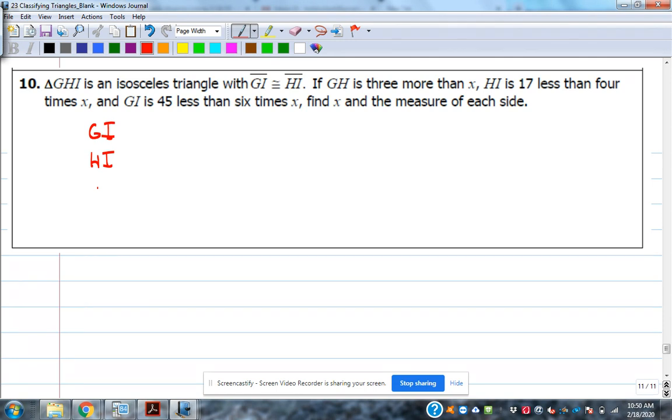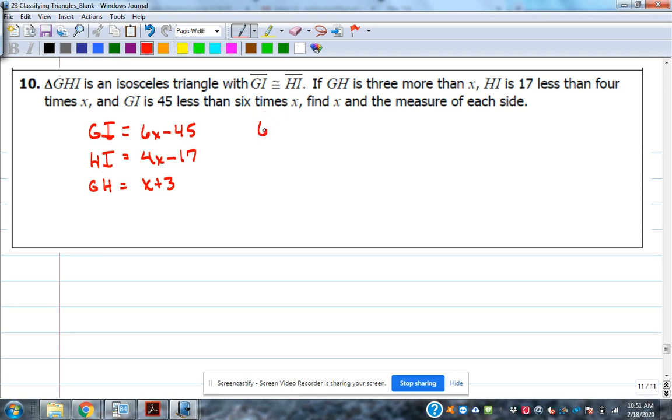And then GH. So let's get the expression for each one. So GH is 3 more than X. X plus 3, that's super easy. And HI is 17 less than 4 times X. And then GI, which ones of those do I set equal to each other?